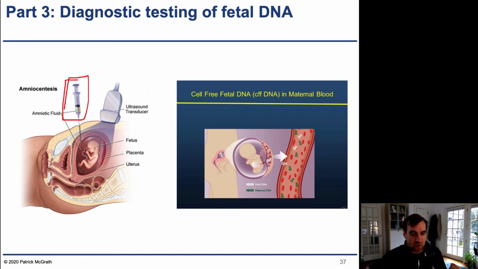So you puncture through the uterus, and the goal is to get fluid, amniotic fluid, from the womb. This is obviously a rough procedure on the mother and on the child, because there is a certain amount of risk of damage being caused by this procedure. But there will be fetal cells within the amniotic fluid that you can then test, for example, by karyotype.